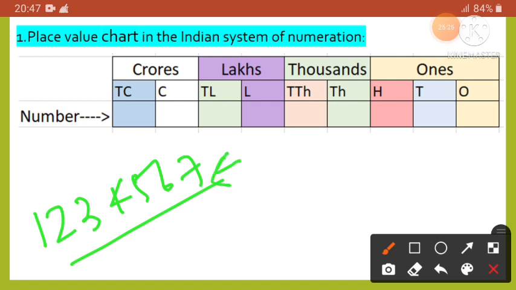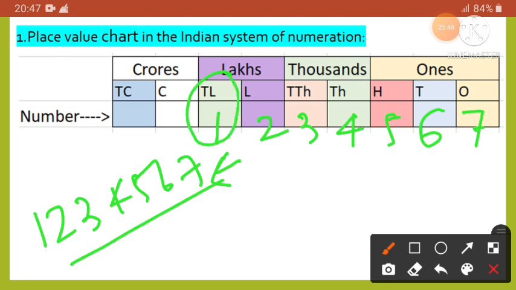We have to start from the right side, so it will be 7, 6, 5, then 4, 3, 2, 1. So 1 comes under TL, that means 10 lakhs.